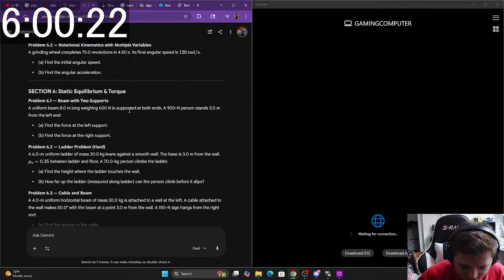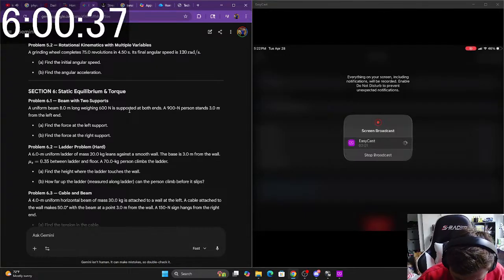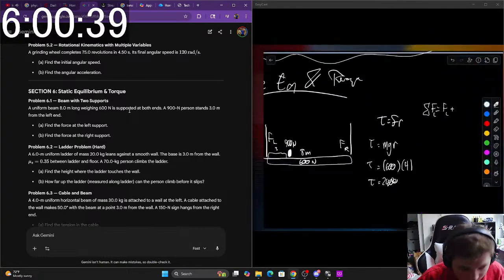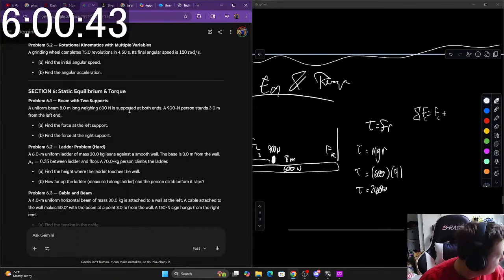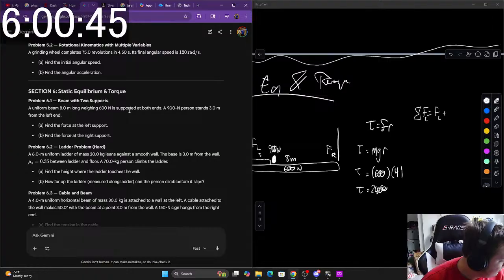Oh, whoops, oh no. Oh guys, the iPad's almost dead, I can't even lie. But what does this have anything to do with the torque?